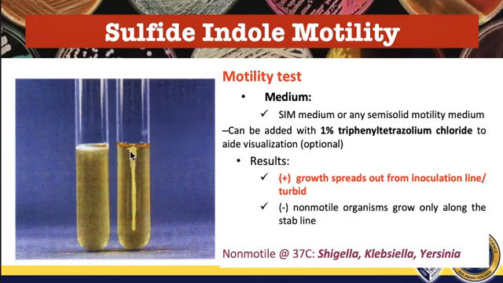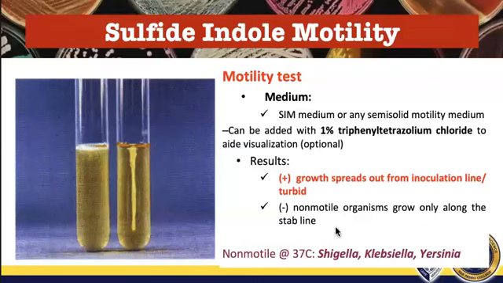For example, this whitened part in the second tube is the point of inoculation. If the growth spreads, or the entire medium becomes turbid, then the organism is motile. If it stays just along the line, it is not actually motile. It has to be really cloudy or dispersed from the line of inoculation.